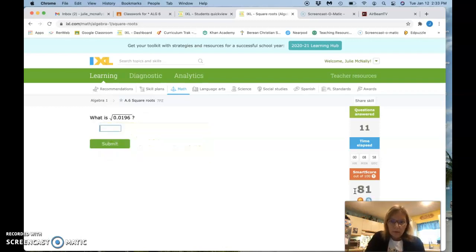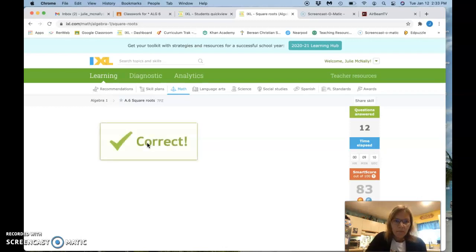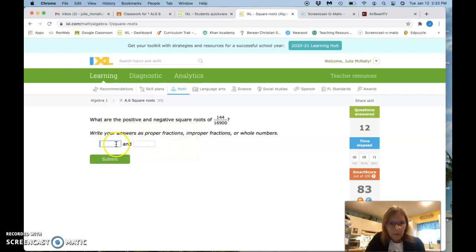Same thing for that, 0.14. Again, take the square root of the top number and the square root of the bottom number. So 12 over, I think it's going to be 130. Yeah, 130. And then a negative 12 over 130.